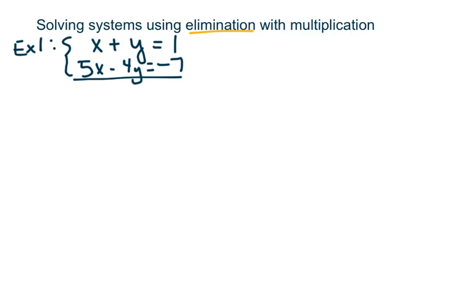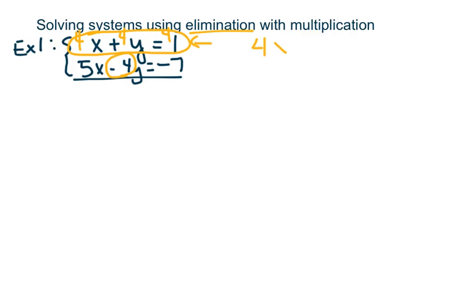So I'm going to choose to get rid of the y's, which means I have to multiply this top equation by a number to get the opposite of negative 4. The opposite of negative 4 is 4, so I can multiply everything on top by 4, and since I'm doing the same thing to each side, it will result in an equivalent statement.